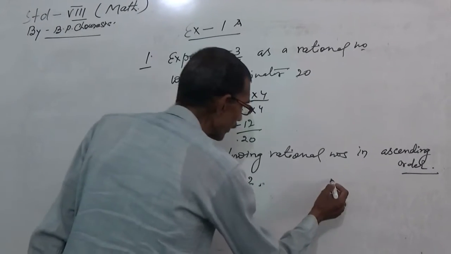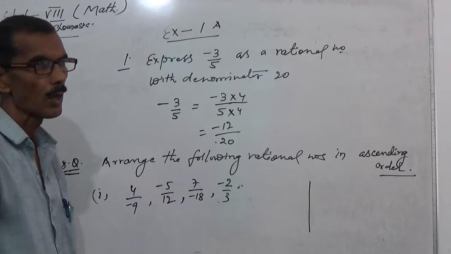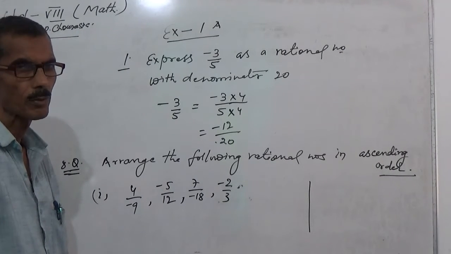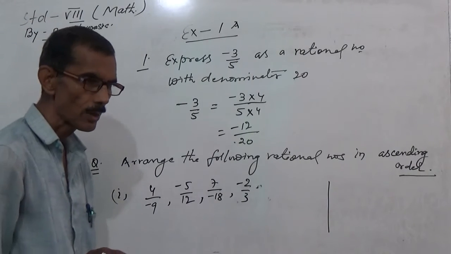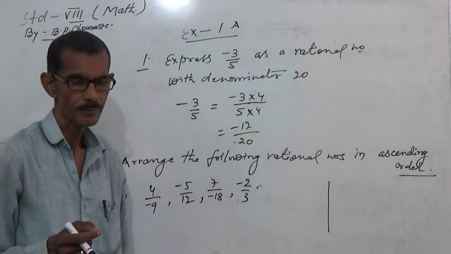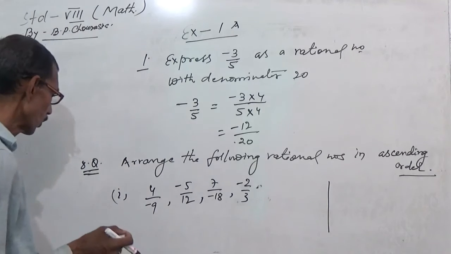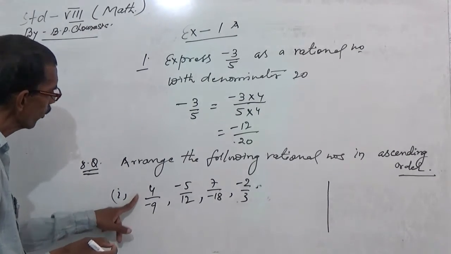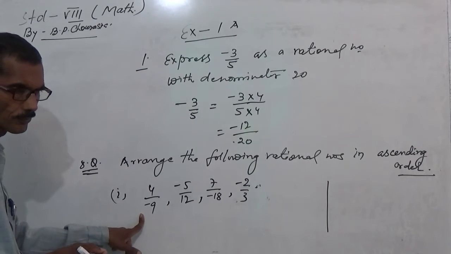As you know, if either the denominator is negative or the numerator is negative, the whole rational number is negative. So 4 by minus 9 means minus 4 by 9.